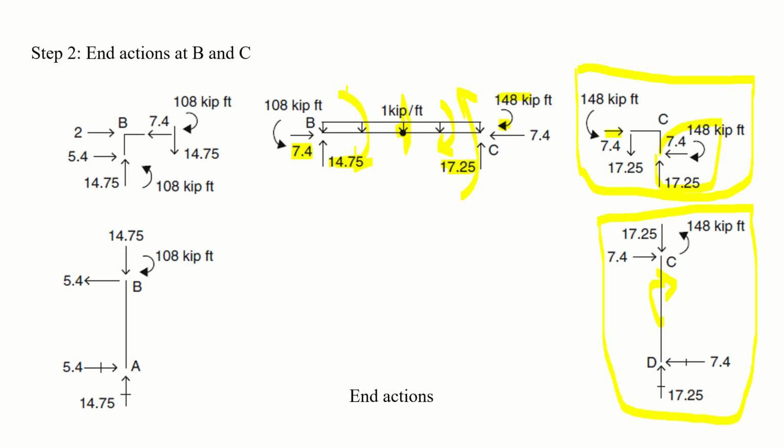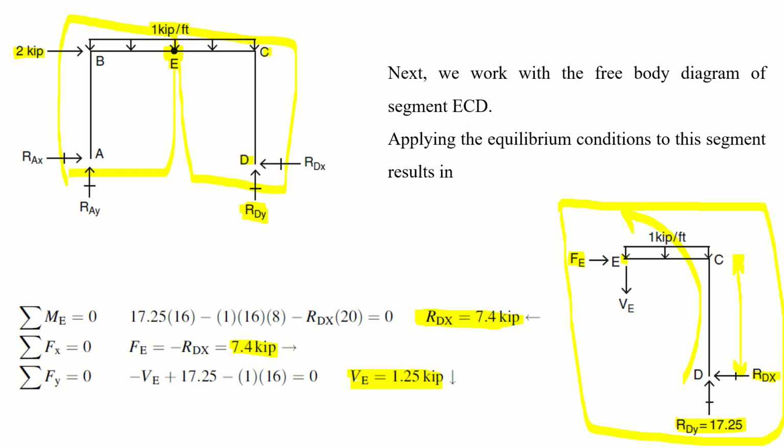Okay, so coming to this point, that 1 into 16 into 8, so it is also 128. 128 is acting in the, which direction? Clockwise direction. Okay, and if you remember, let me take you back, and if you remember that at point E there was shear force of 1.25.